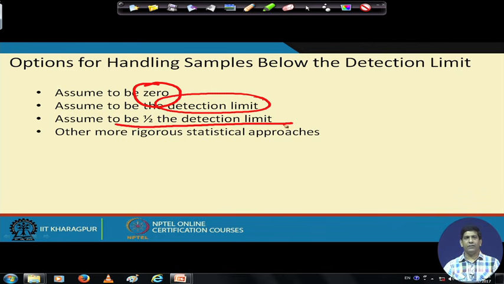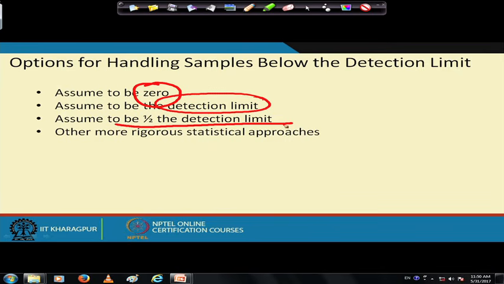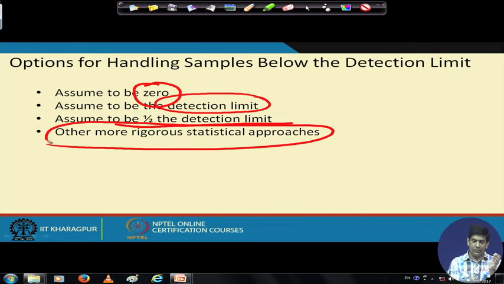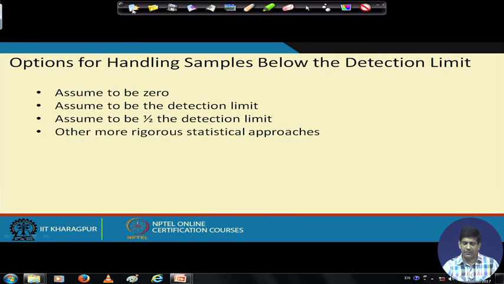So if the detection limit is 0.65, you use 0.32 or 0.33. That's half, meaning some data may be higher, some lower, so you are in the middle. That's a more realistic approach. Otherwise there are more rigorous statistical approaches, which you can use depending on how important that aspect is.